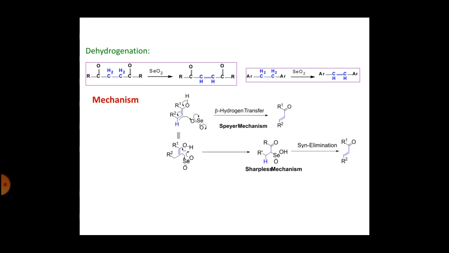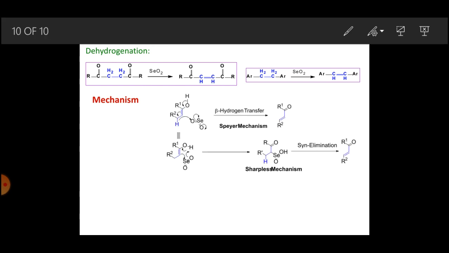In the first step, the enol form of the keto compound or carbonyl compound reacts with selenium dioxide. As per Schaefer, beta hydrogen transfer will take place and will give the dehydrogenated product, that is the corresponding alkene.